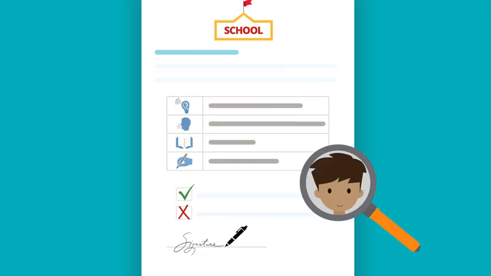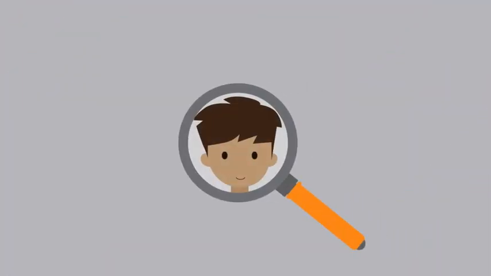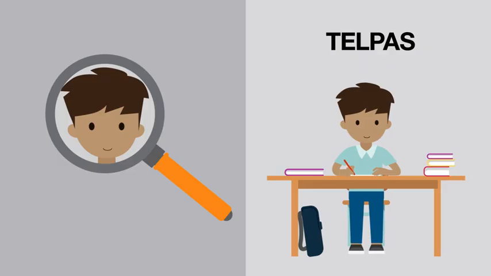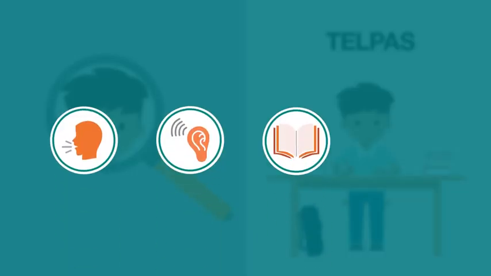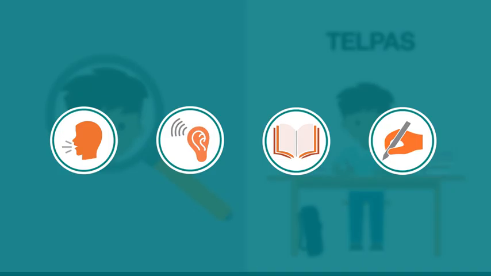In cases where a parent or guardian denies the recommended program placement, the student is still identified as an emergent bilingual student and will continue to take the Texas English Language Proficiency Assessment System, or TELPAS, which tests the student's English level in each domain: speaking, listening, reading, and writing, each year in the spring until he or she has met all reclassification criteria.